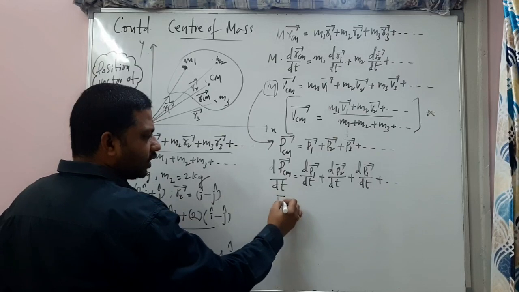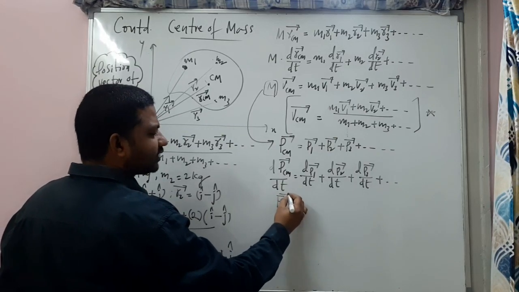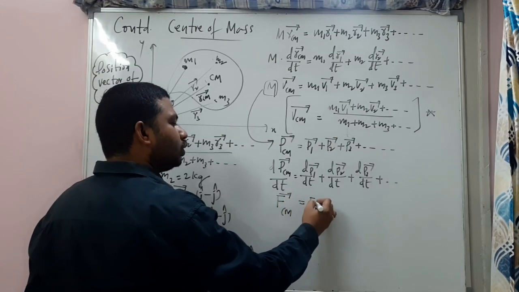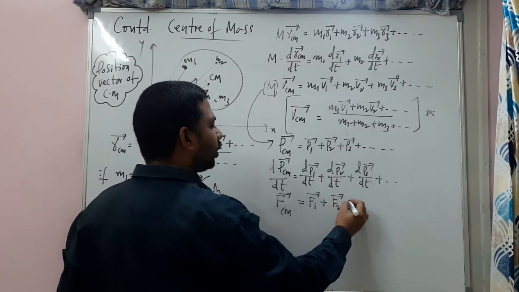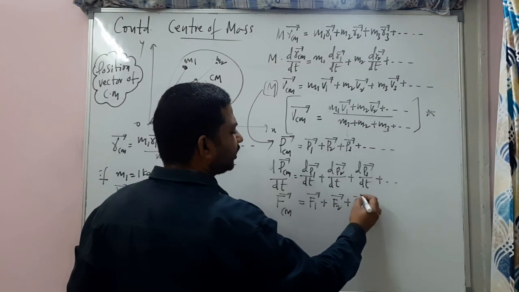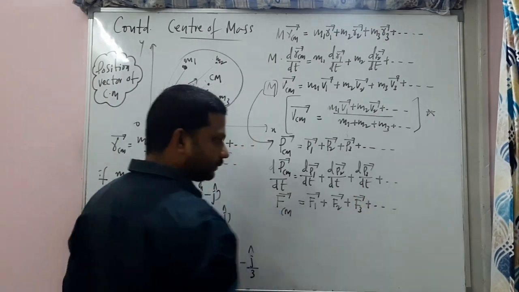This is called the net force acting on the center of mass, equal to the force due to the first body, force due to the second body, plus force due to the third body, plus so on.